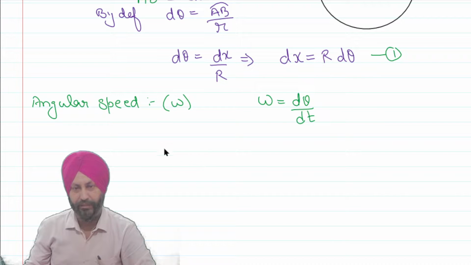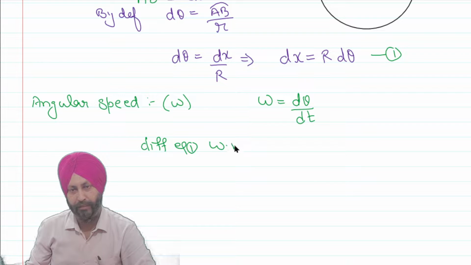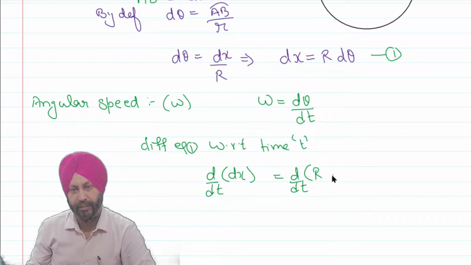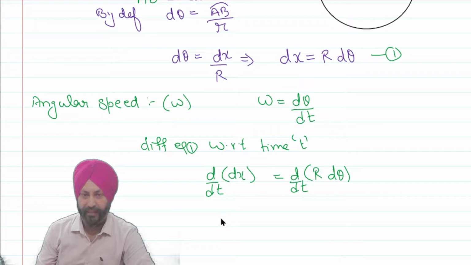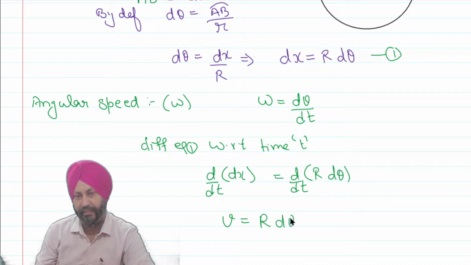See, if we differentiate equation 1 with respect to time, what will we get? d by dt of dx is equal to d by dt of r d theta. d by dt of x is the velocity. R is constant, so it is taken out of the differentiation. Now here it is v is equal to r omega.